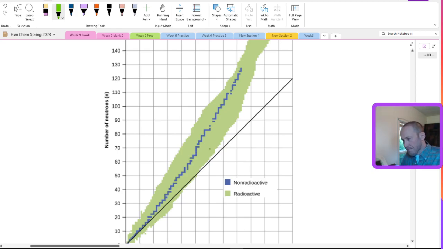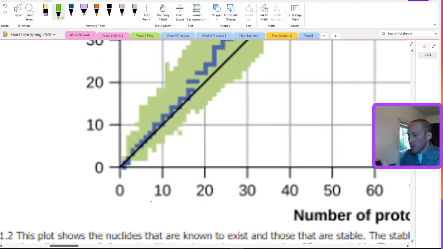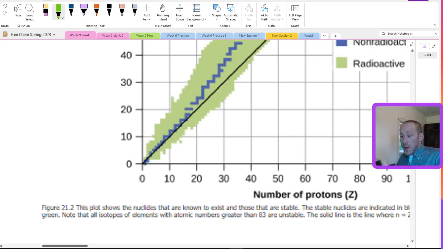And one interesting thing to note, when you have a small number of protons and a small number of neutrons, then it's basically one-to-one that makes you stable. Again, you're a nucleus in this case. So if you have a one-to-one ratio of protons and neutrons, it looks like this one-to-one thing goes up until 18 right here, right?